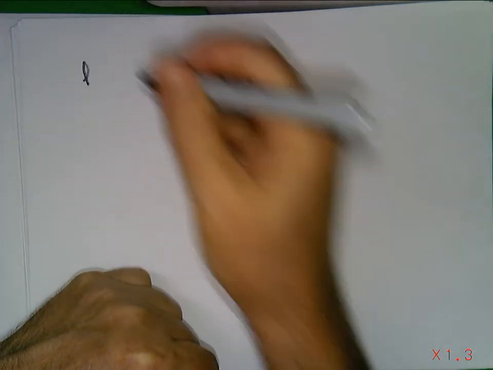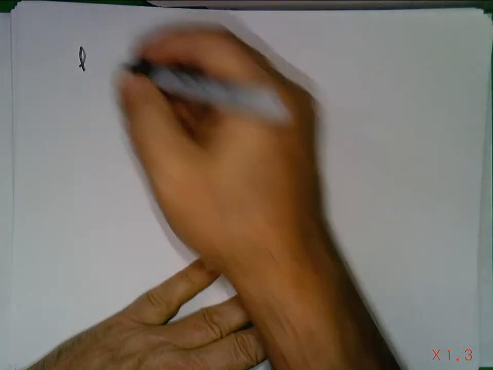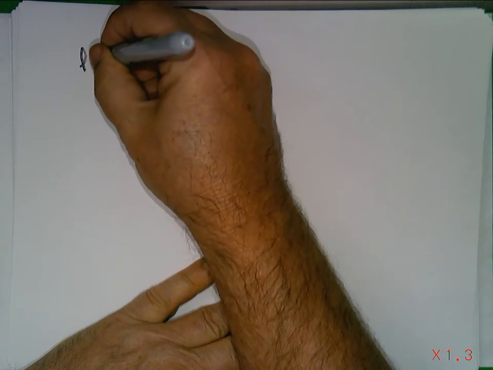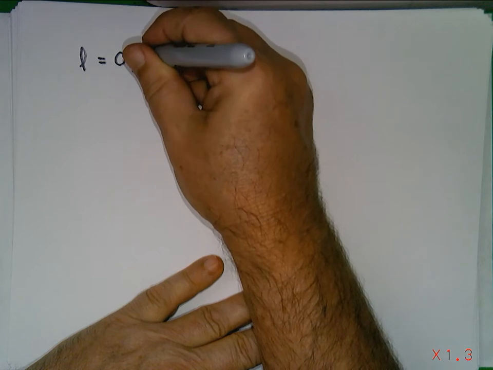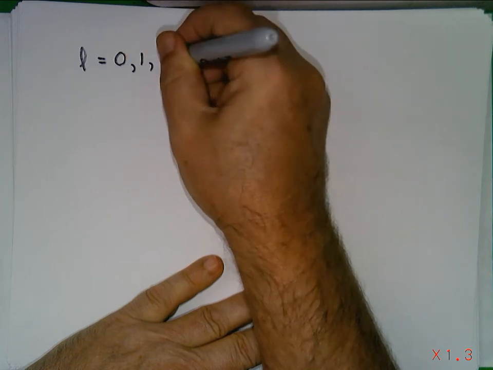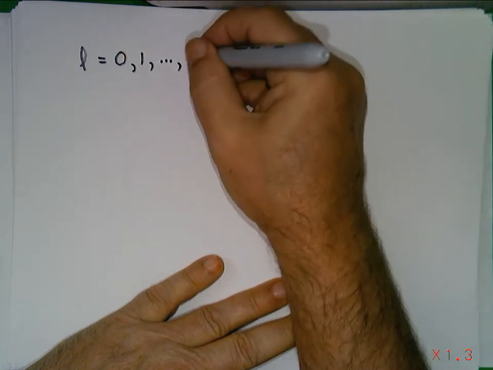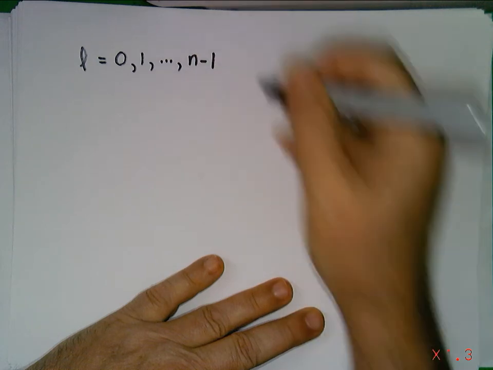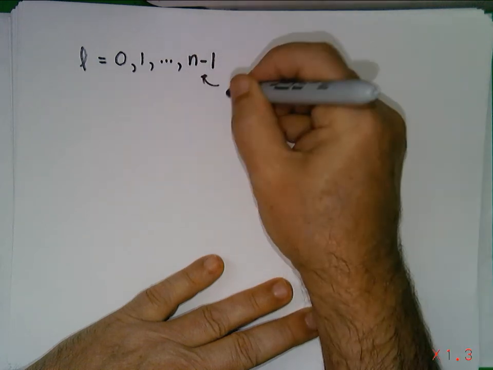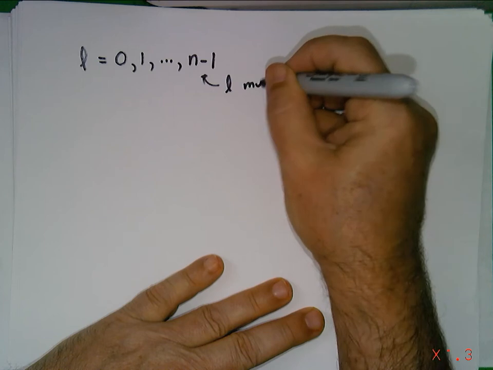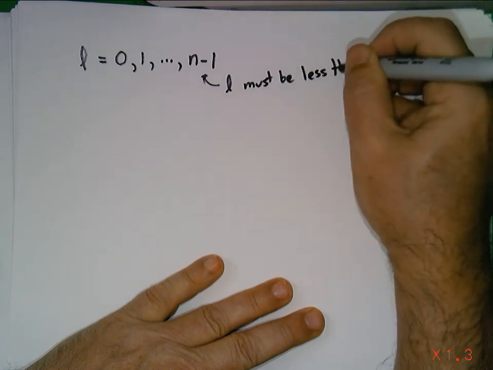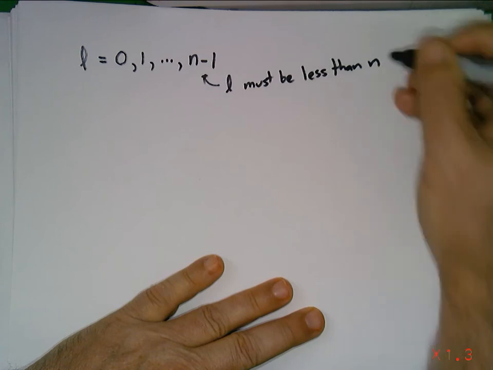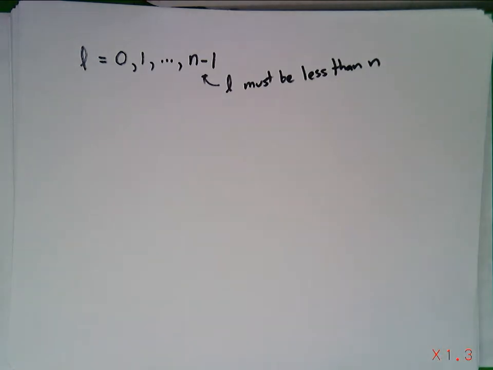L depends on n. So L can take on these values. It can start with 0, and it can count up by integers to n minus 1. So L must be less than n, because the highest value of L that you can possibly have is n minus 1.